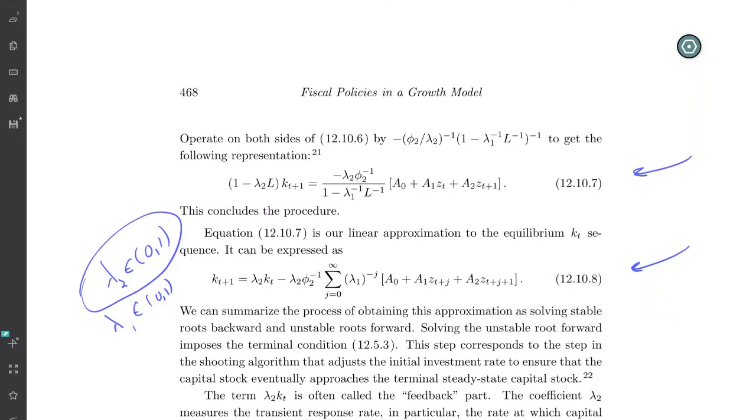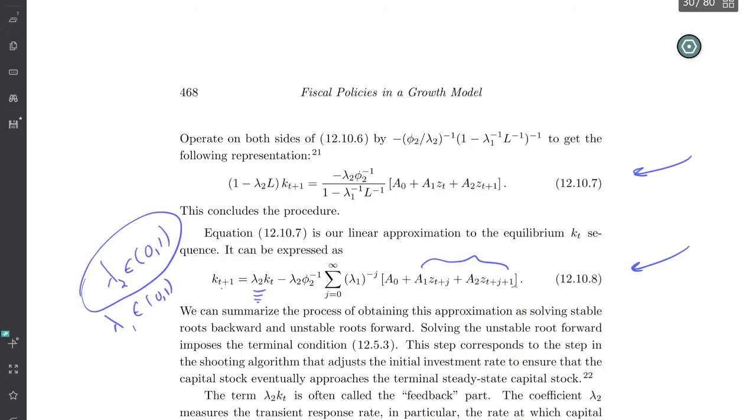So it turns out that the law of motion, the equilibrium k sequence, obeys this equation. K at time t plus 1 feeds back on k at t, and it feeds forward on all future z's with this geometric sum of future z's.